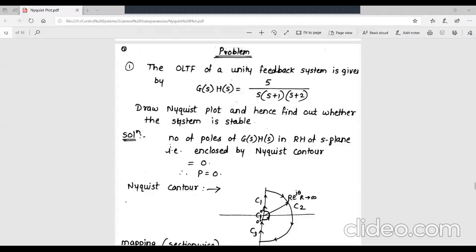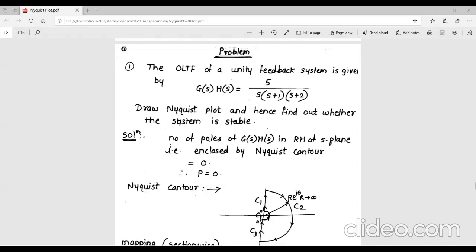From the given G(s)H(s), we know that we need three parameters: Z, P as well as N. And from the Nyquist criteria, we have seen that N is the encirclements around the critical point, which we will obtain after sketching the Nyquist plot, because N are the encirclements made by the mapped contour, right? So N we will calculate in the end. We have Z and P.